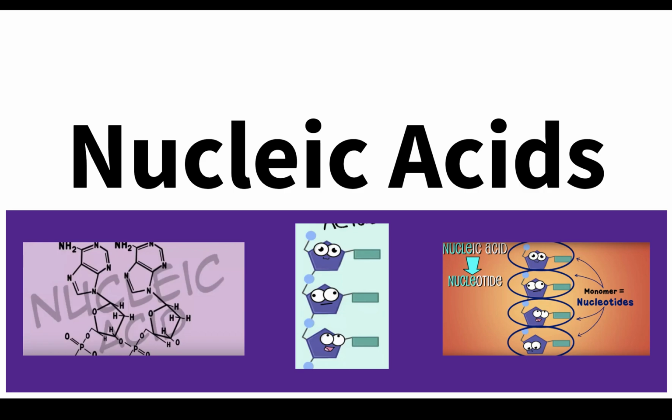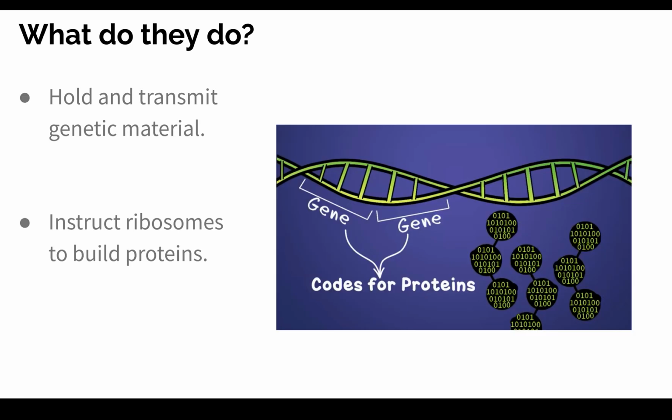So that's going to move us on to nucleic acids. Nucleic acids were the one that everybody kind of struggled with on that assignment that I gave you last week, because you won't see these anywhere on a food label or anything like that. Nucleic acids are all about genetic material. This is DNA and RNA, which we'll talk more about later down the road.